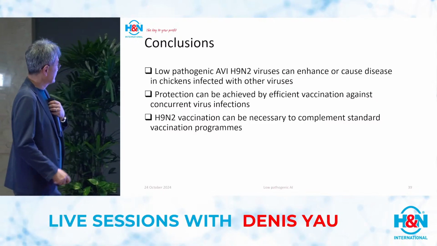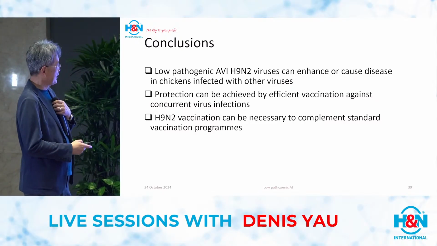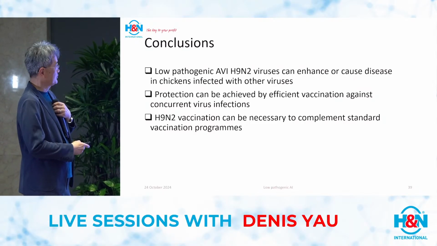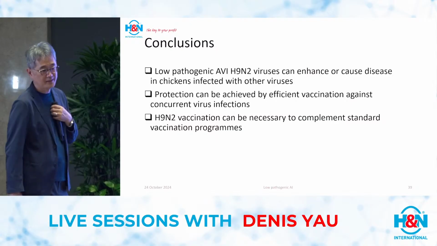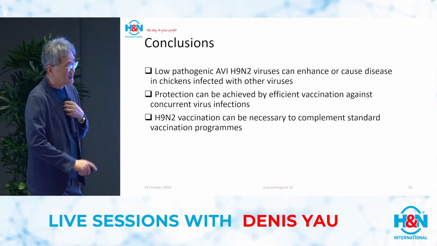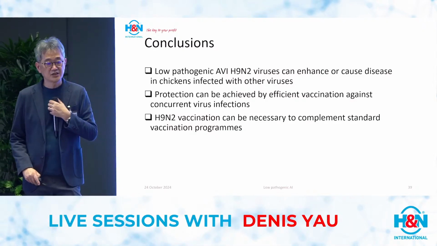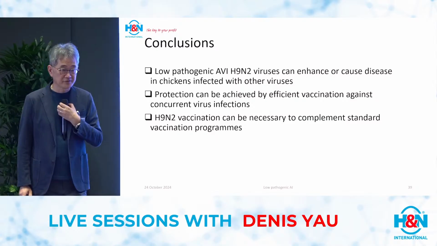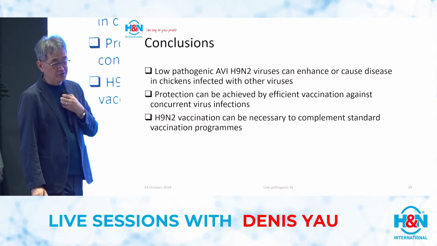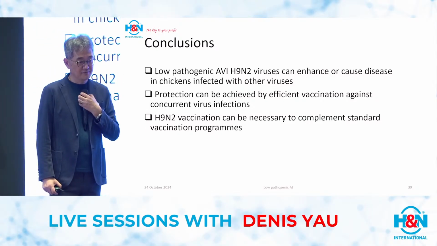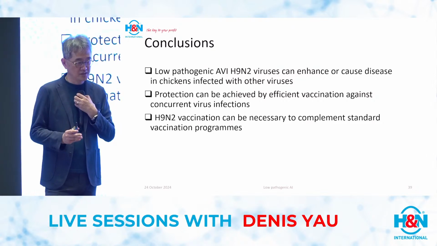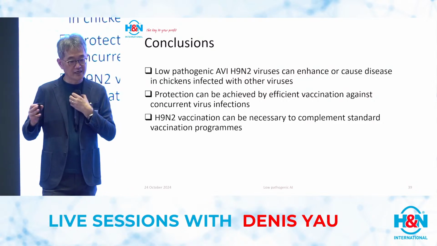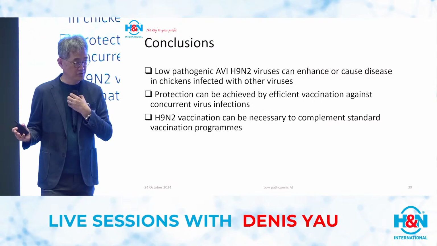Okay, so low pathogenic AI, especially H9N2 which I use as a reference, can enhance or cause disease in chicken infected with other viruses. And protection can be achieved by efficient vaccination against the other concurrent virus infections.